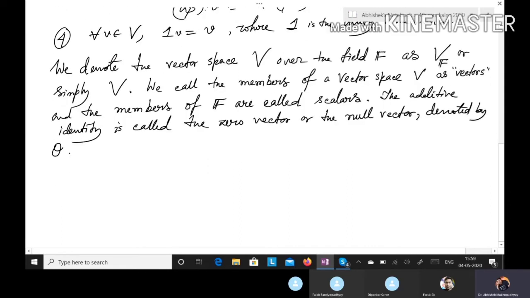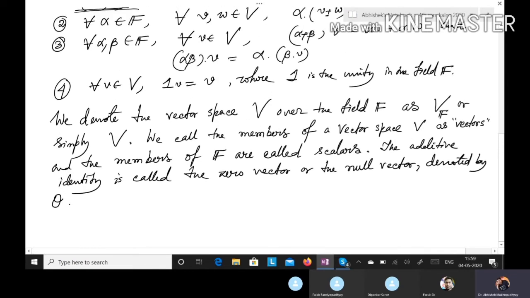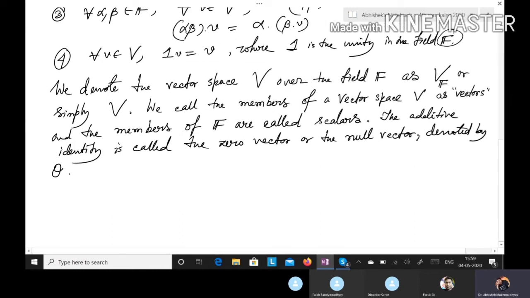We denote it by theta because if we denoted it by 0, there would be confusion with the additive identity of the field, which we also denote as 0. So you need to distinguish that 0 from the additive identity of V plus. That is why we denote it by theta.